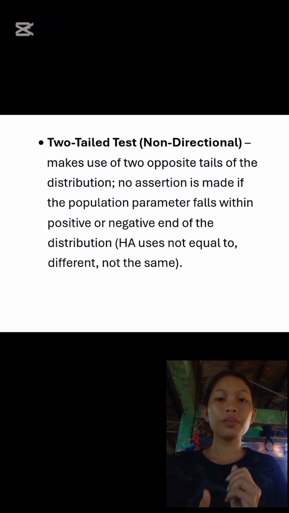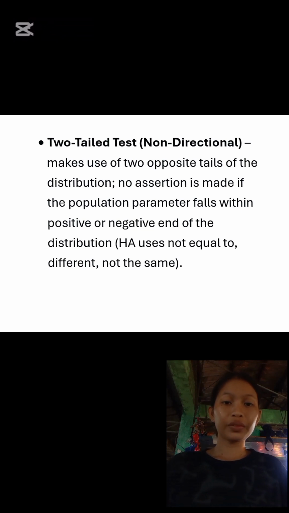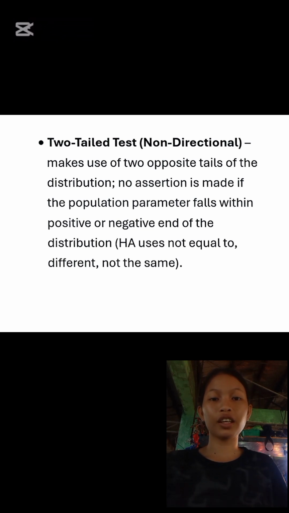So, H sub A uses not equal, different, not the same. Unlike the one-tailed test, where the symbol of the alternative hypothesis is greater or less than, in the two-tailed test the symbol of our alternative hypothesis is not equal.